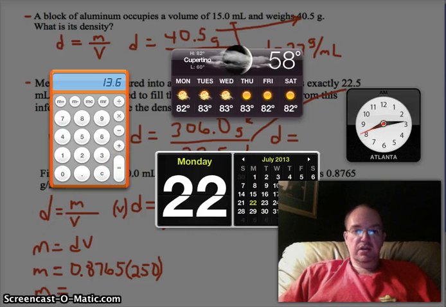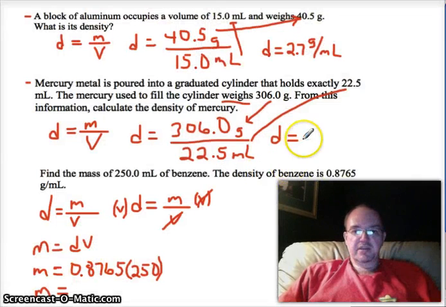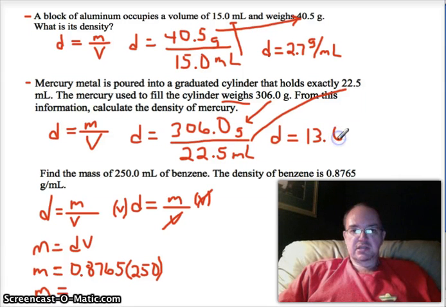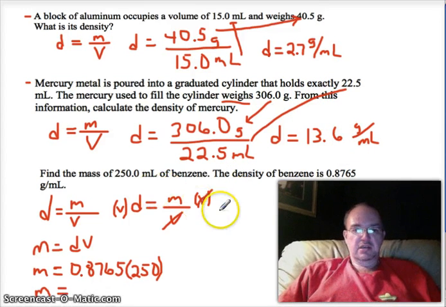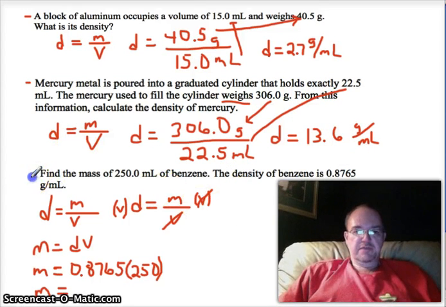Mercury is heavier than aluminum, more dense than aluminum, 13.6. So the density is 13.6 grams per milliliter. And these should be constants as long as these totals I have here are accurate. These should be constants.